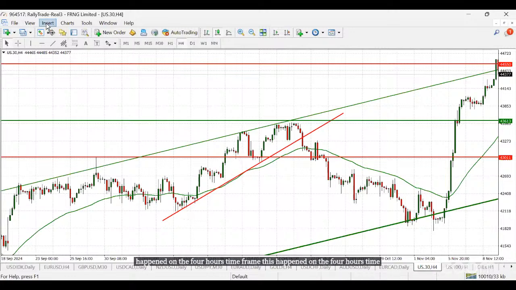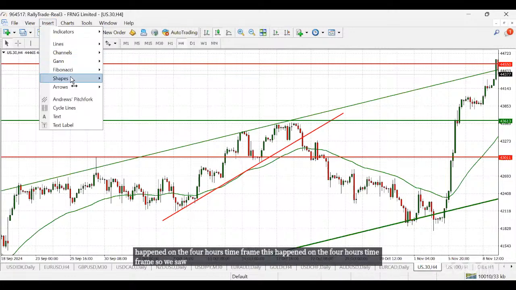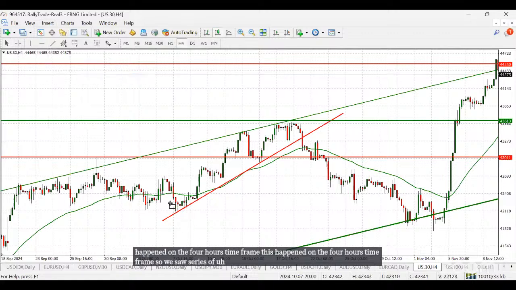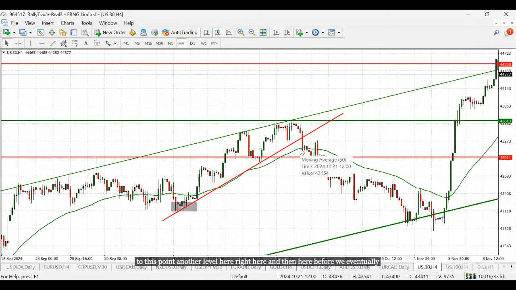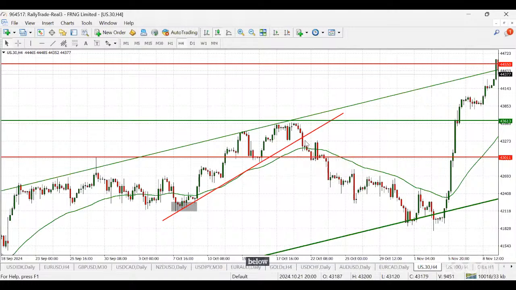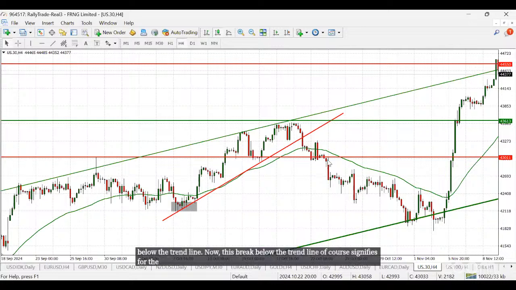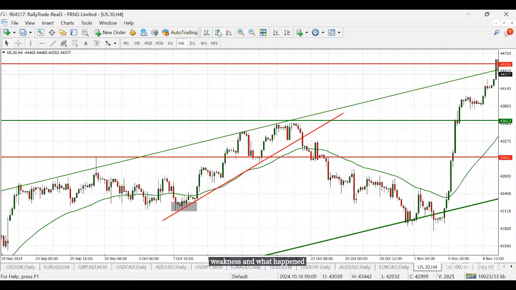So we saw a series of price testing this trend line as support. You see this point, another level here, and then here, before we eventually got a break below the trend line. Now, this break below the trend line, of course, signifies further weakness. And what happened? We saw this follow through.